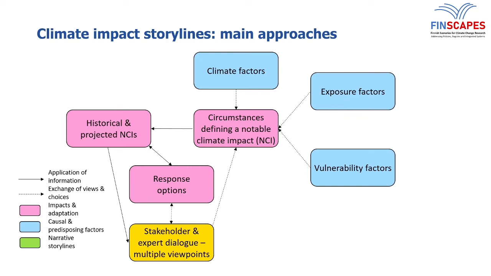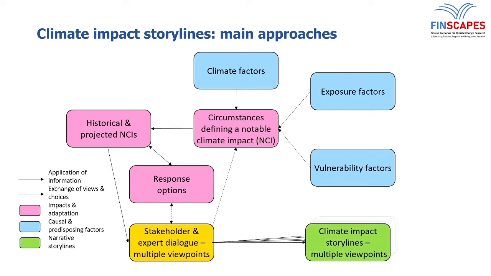Next, response options need to be considered that take into account various aspects of adaptation and resilience, and those are then reviewed, possibly with models, to see how they help in ameliorating the effects of the impact. In the end, a number of climate impact storylines can be developed that reflect the different perspectives chosen for the storyline work.